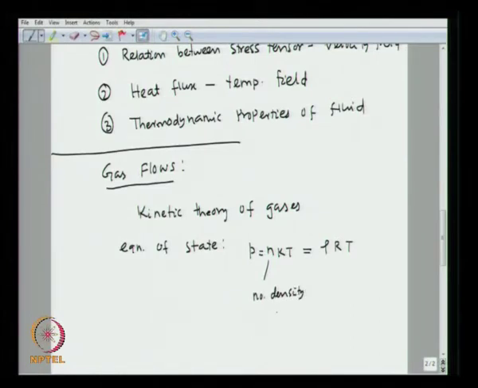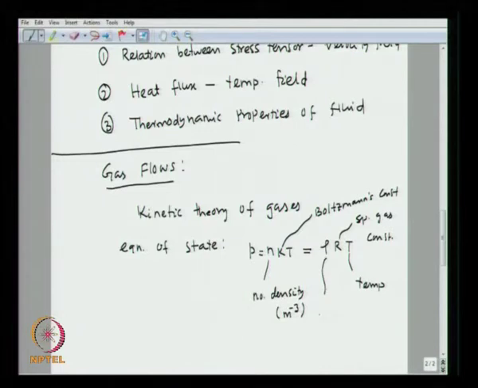So number density is per meter cube, k is the Boltzmann constant, T is the temperature, R is the specific gas constant, and ρ is the density.